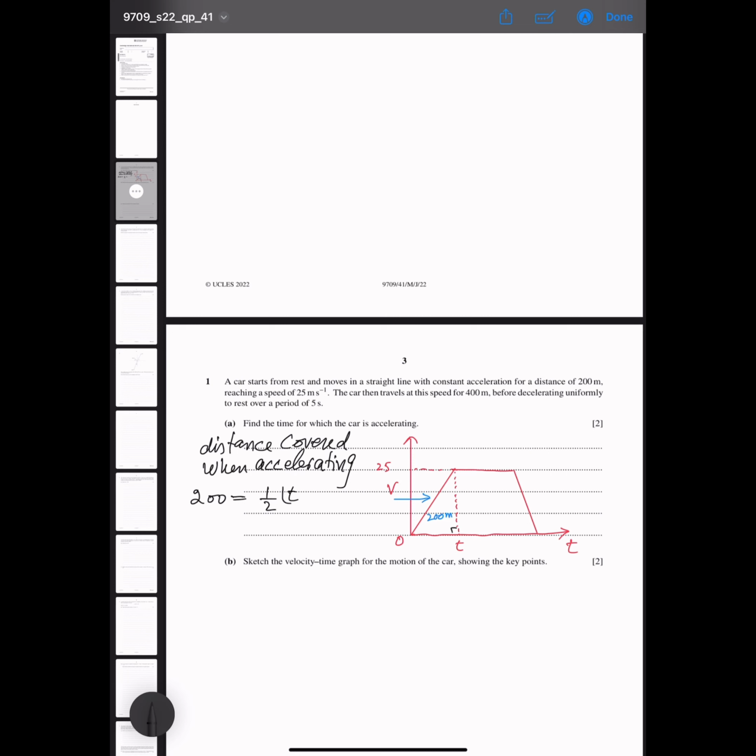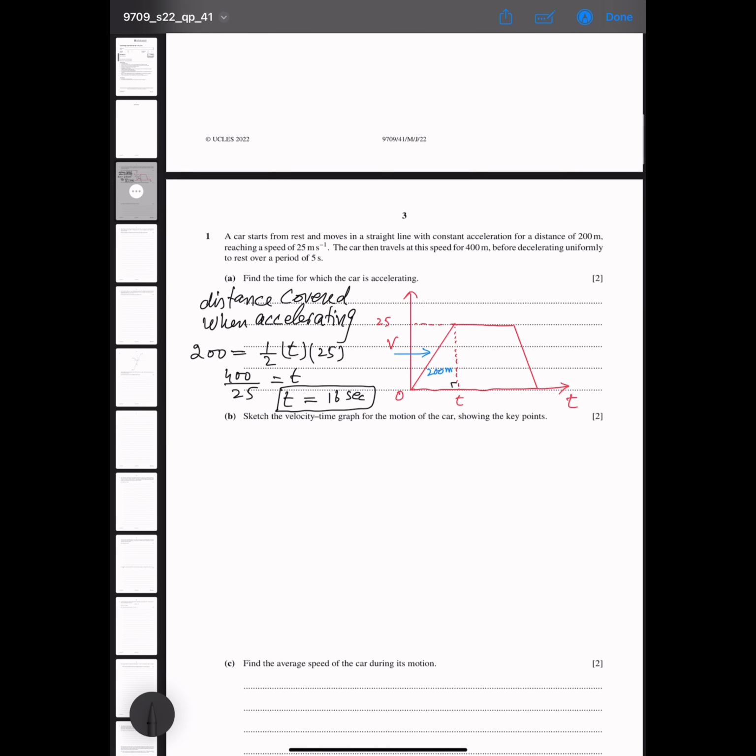T is the base and height is 25. इसको कैलकुलेट करेंगे तो हमारे पास आ जाएगा 400 over 25 is equal to t. So we get t is equal to 16 सेकेंड. तो ये हमारा आंसर है. t is equal to 16 सेकेंड.